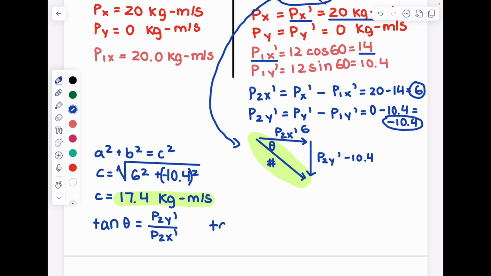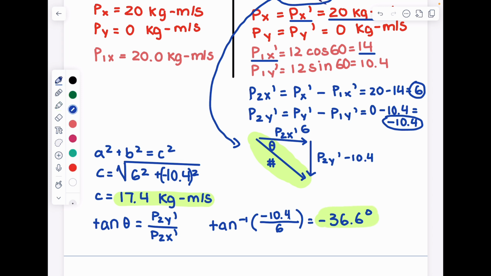And obviously we got to do tan inverse to really solve here. So you have negative 10.4 over 6. And when you put that in your calculator, you'll get about negative 36.6 degrees. And that makes sense because we're headed downward. So we have a magnitude and an angle.